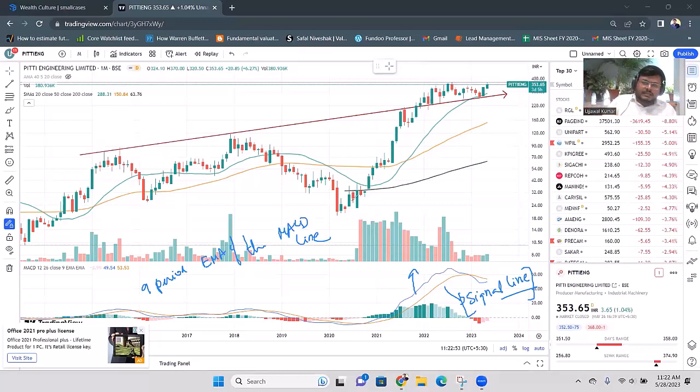Look, here these moving averages are the moving average of the price. In a way, the signal line is a moving average of the MACD line, right? That is the way to think about it. The signal line itself is a moving average, but not of the stock price. It's actually a moving average of the MACD line itself.